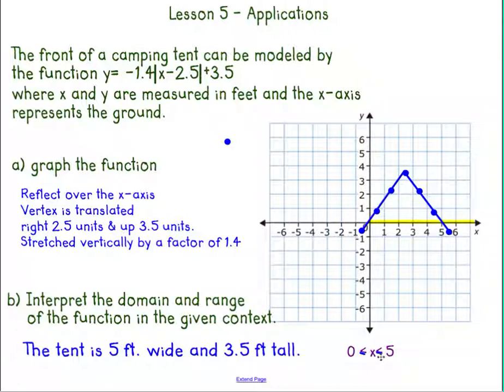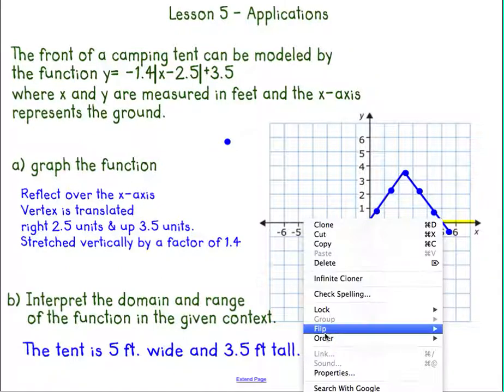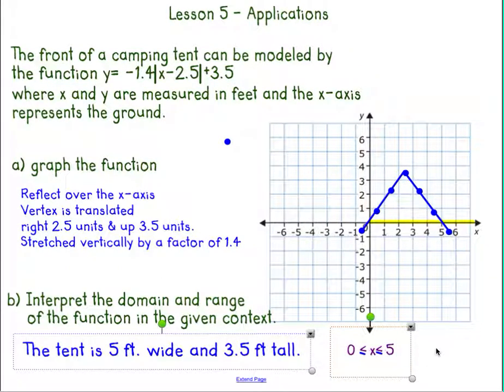And your range would sort of be the same sort of dilemma here, but you don't want to talk about a negative height for the tent. So you want just those positive numbers. So your y is going to range from, we'll just maybe copy this, it'd be easiest to just do that.